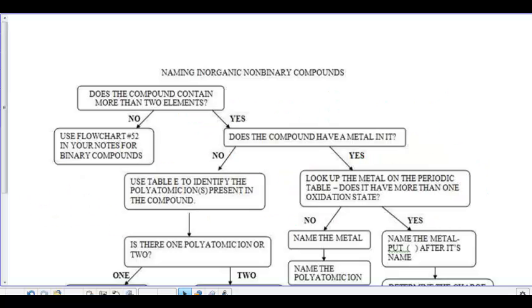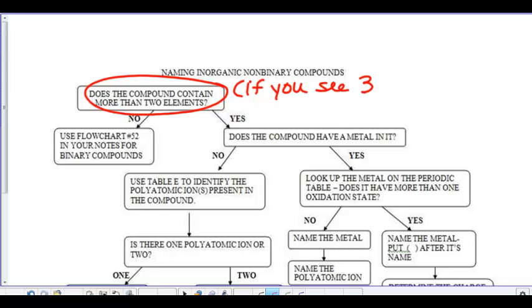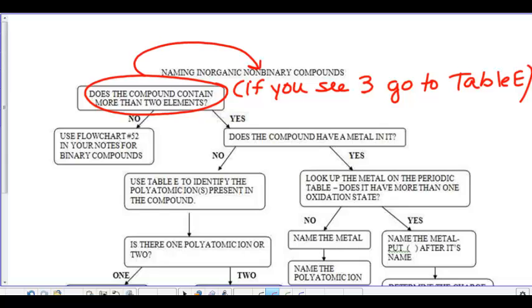This is the flow chart you should be looking for. So first thing you want to do is make sure that there are more than 2 elements. If there are more than 2 elements, right, if you see 3, go to table E. That's the key. And try to identify what's in your compound that is also on table E.